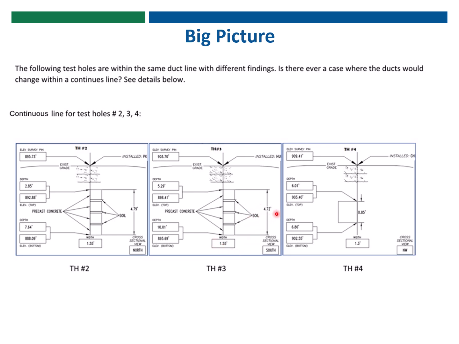In test hole 4, only 1 duct was found at 0.85 feet. Ultimately, this will make the reviewer question if all the ducts were found, and we will likely send you back out into the field to ensure you have located all target utilities.